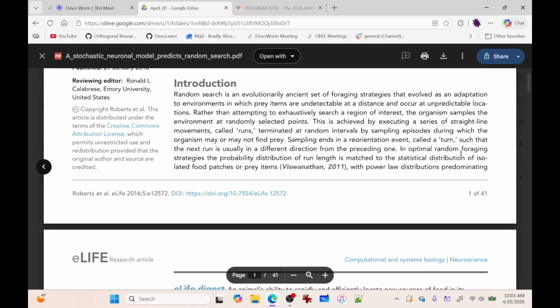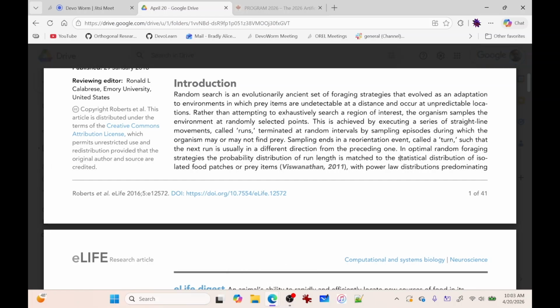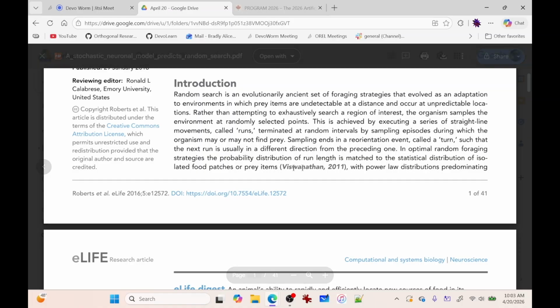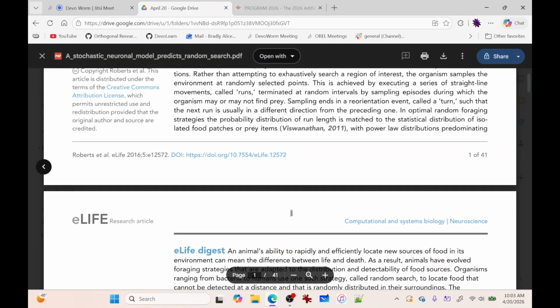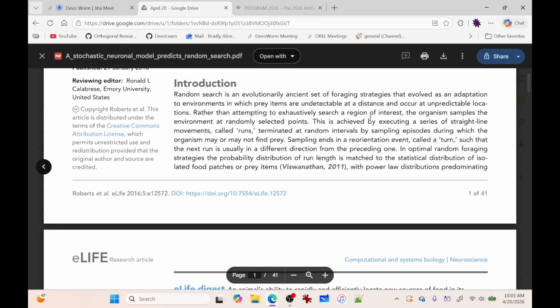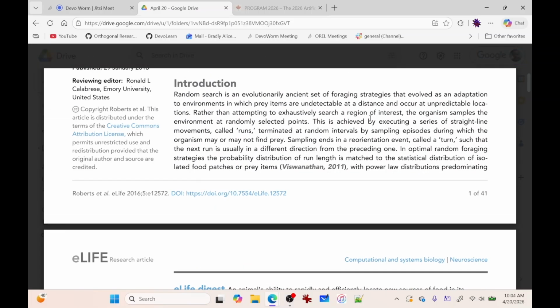In optimal random foraging strategies, the probability distribution of run length is matched to the statistical distribution of isolated food patches or prey items, with power law distributions predominating. So they actually can model this using power laws and think about what's the most efficient random search strategy. In other words, you might have very long runs that punctuate a bunch of short runs.